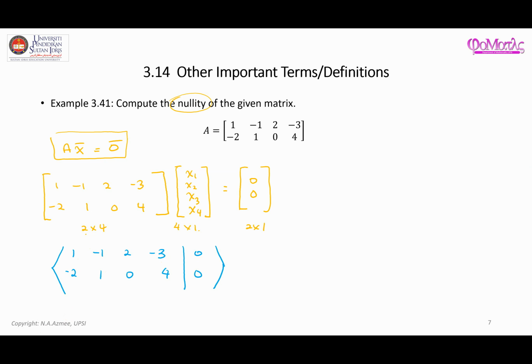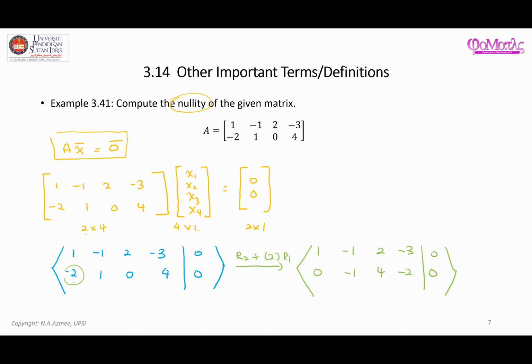Okay, so what I'm going to do first is turn this into the value of 0: R2 plus 2 R1, and the results are given as such. -2 plus 2 is 0, 1 minus 2 is -1, 0 plus 4 is 4, 4 minus 6 is -2, and 0.